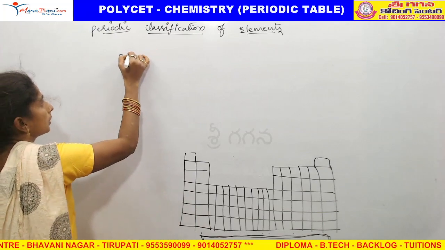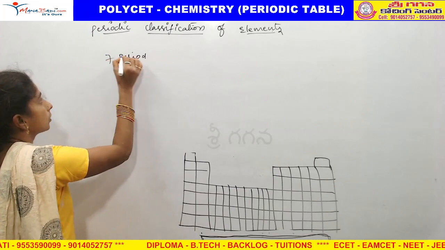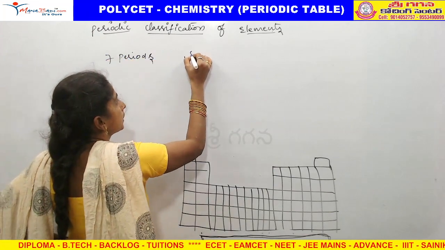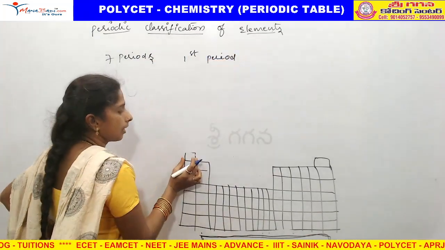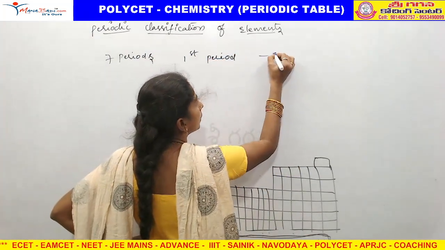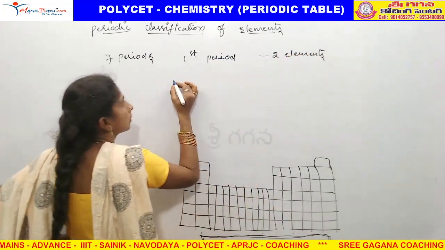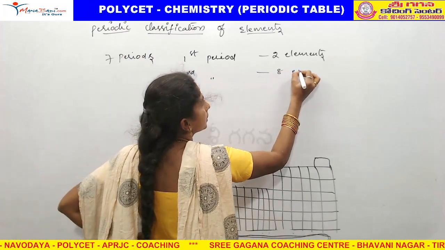If you take periods, how many periods did we discuss? 7 periods are there in the modern periodic table. The first period has only two elements, right? Second period 8 elements.